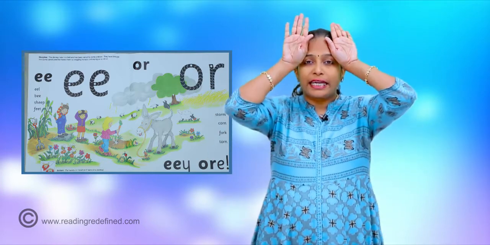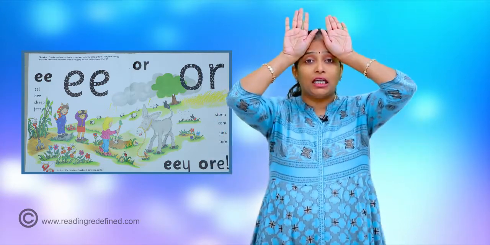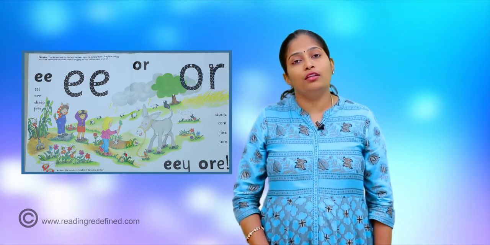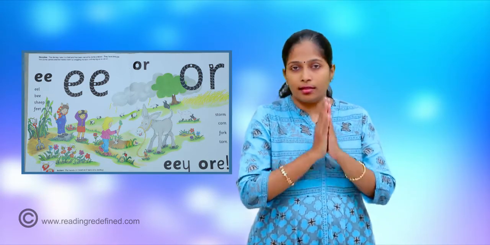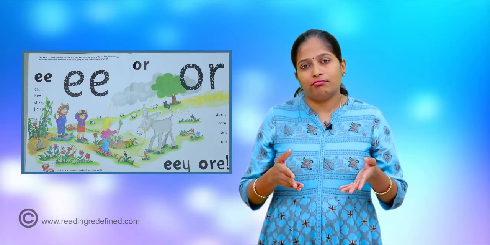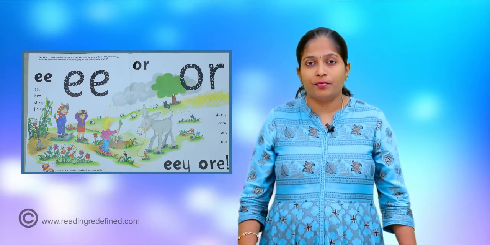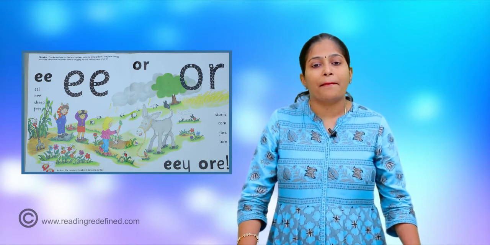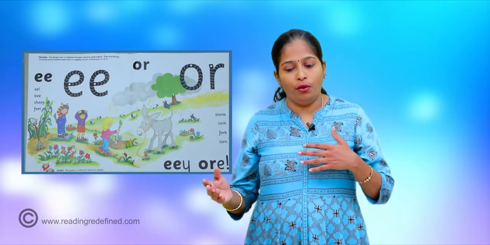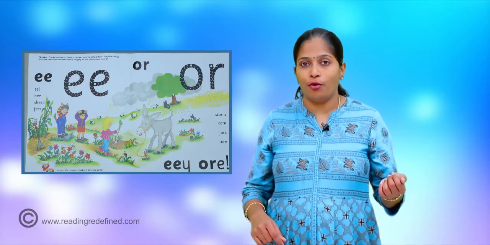Now, E is a long vowel sound. There is no other relation between this E and O other than it's funny to say it together. So, the words for E: eel, bee, sheep, feet. And words for O: stone, cone, fork, tone, north.